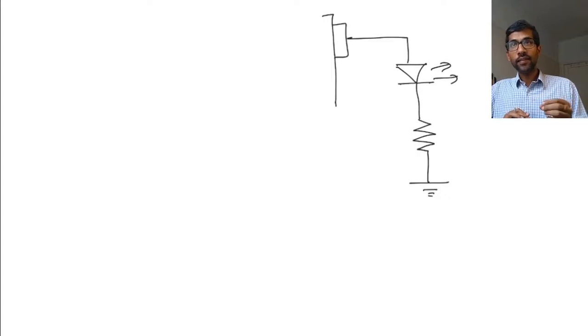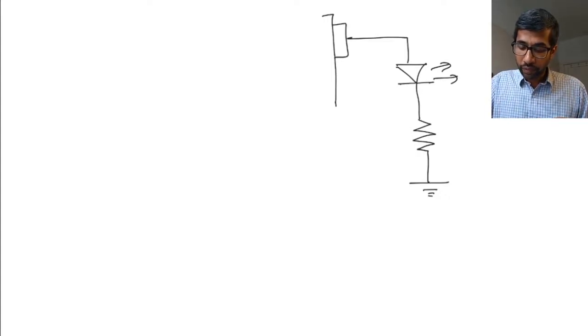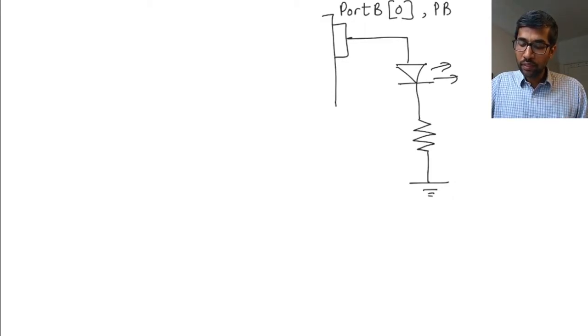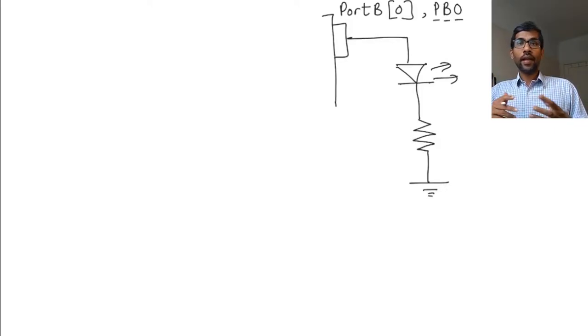Let's say this pin is a part of port B and it is port B0. In microcontroller language, sometimes we call it PB0. And I want to blink this LED. How do I do that?